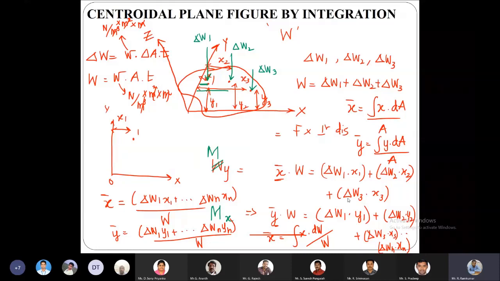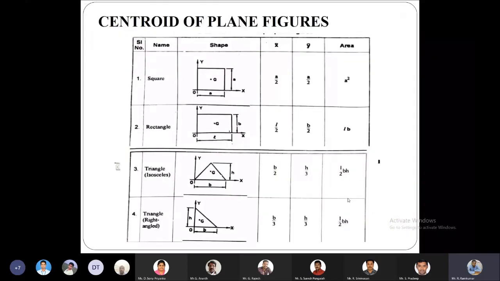So now let me show the standard results which we have obtained for objects like square, rectangle and other things. For representing a square, we can use only one side, because in a square all the sides are equal. So we'll be using a by 2 for x bar and y bar.